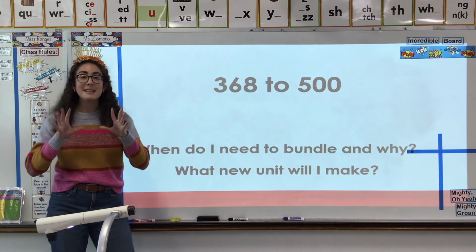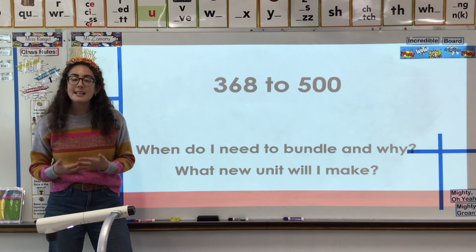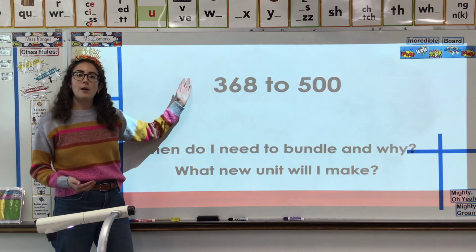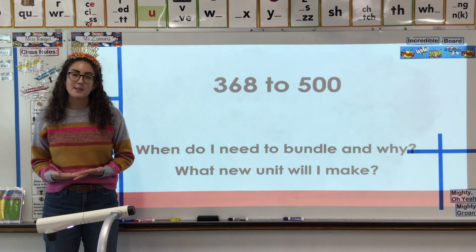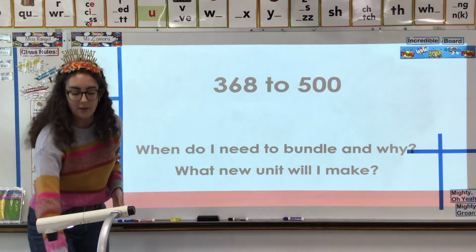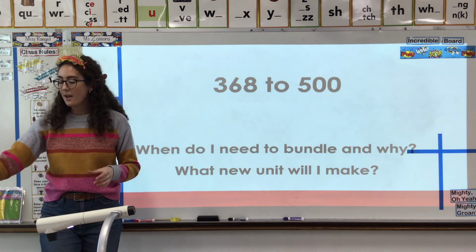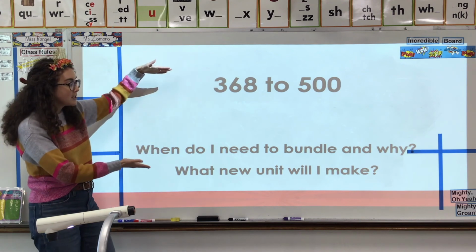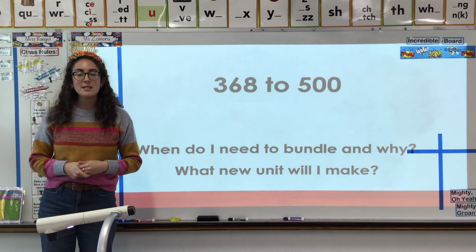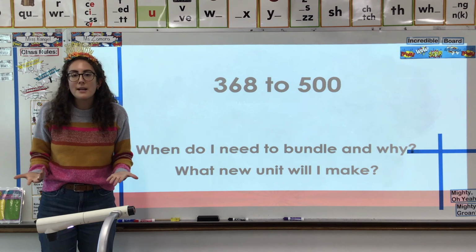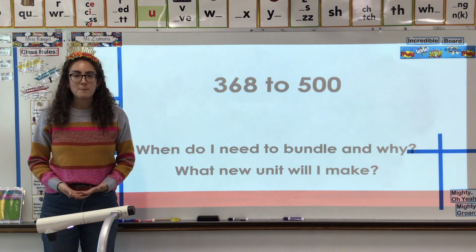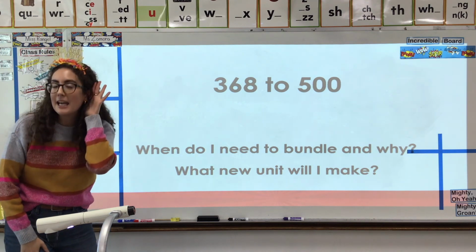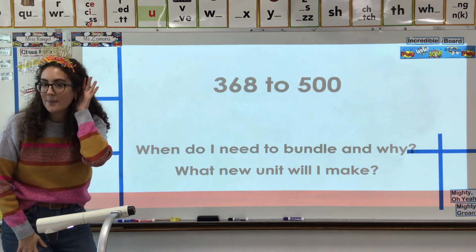So if you want to write these questions down, I highly suggest that so you can be asking yourself as you're counting. It can be an ongoing process. Okay, Super Scholars. So with your chart today, I want to see an awesome video of yourself counting and answering these questions to explain when we're bundling and what's happening. Again, I want to see what you're doing, and I want to hear what you're doing and why.